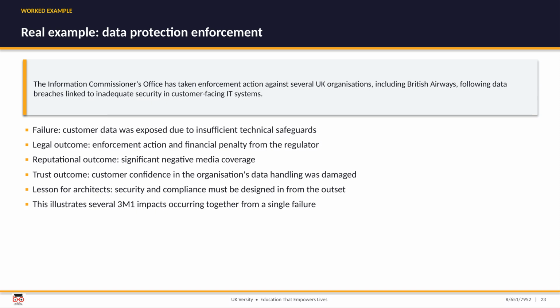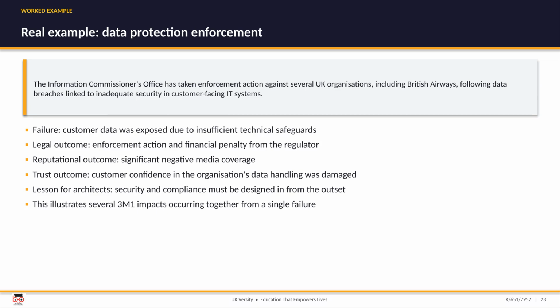Here's a real illustration. The Information Commissioner's Office has taken enforcement action against several UK organisations, including British Airways, after data breaches linked to inadequate security in customer-facing IT systems. Customer data was exposed because the technical safeguards simply weren't strong enough.